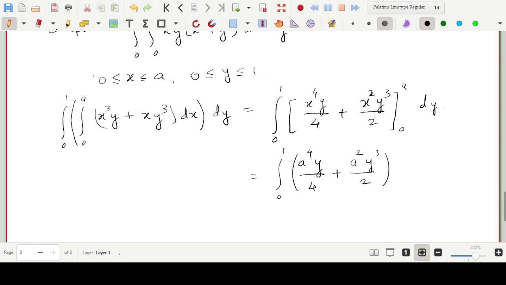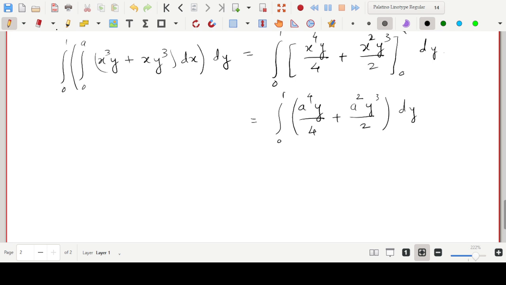This is dy. So now again, as you can see over here, the final expression is only in terms of y, a function of y. a is a constant, so we have obtained only a function of y. So we can directly integrate now. This is a power 4.